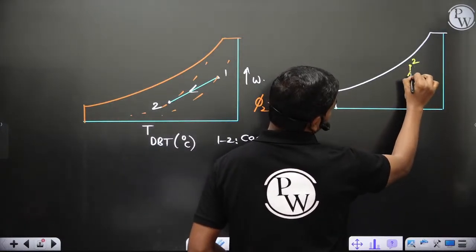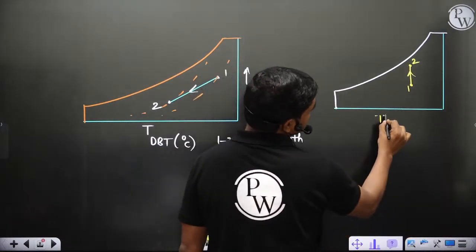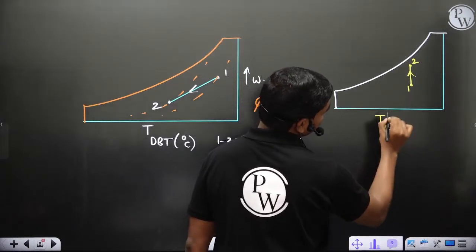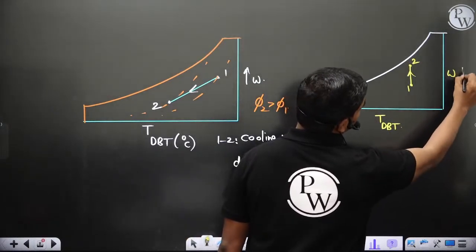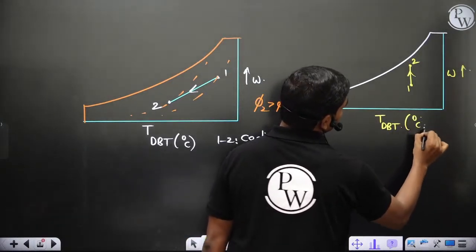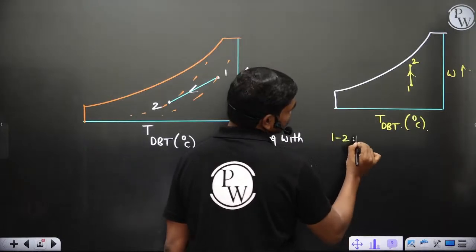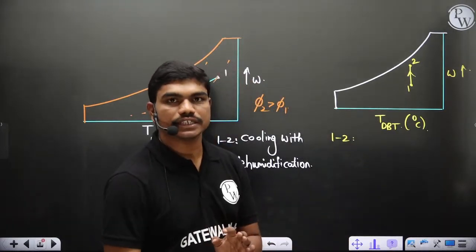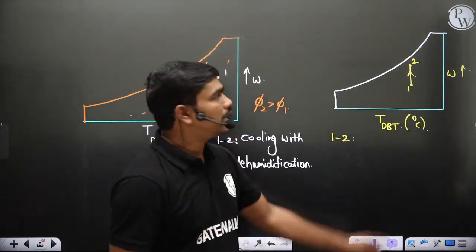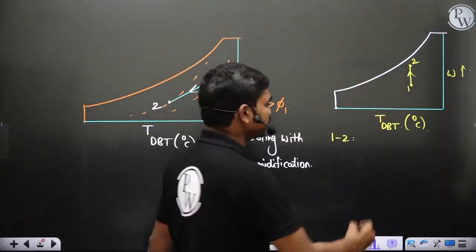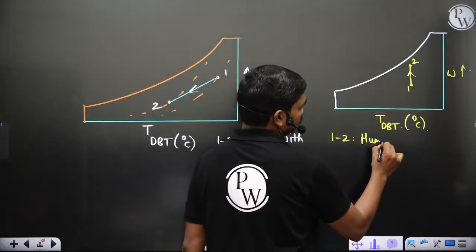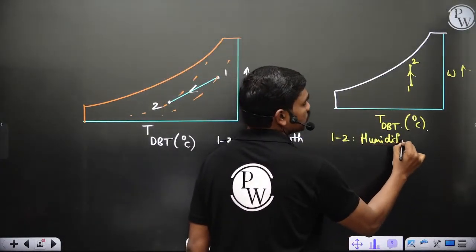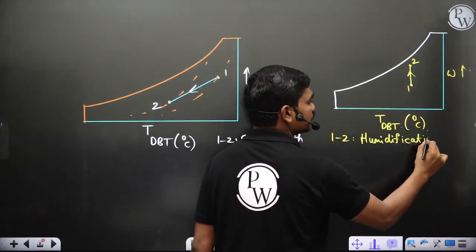If this is my point 2, and this is dry bulb temperature in degrees Celsius, then this is omega. Then 1 to 2 is nothing but simple humidification. At constant temperature you are doing humidification.